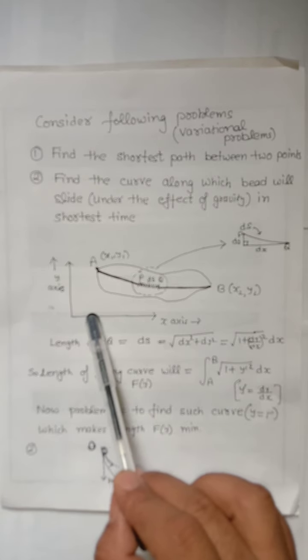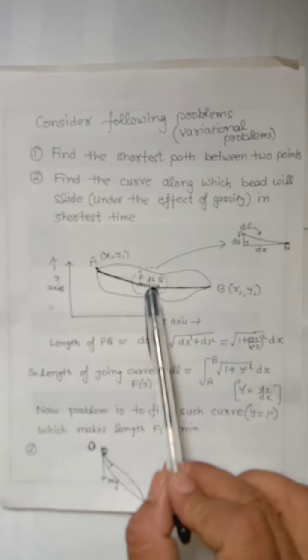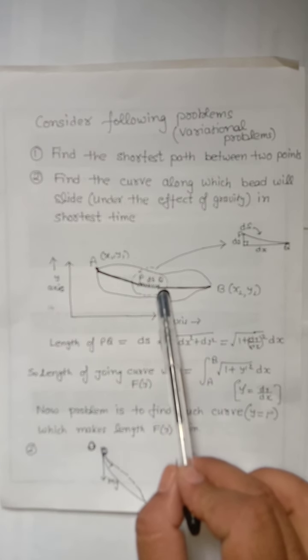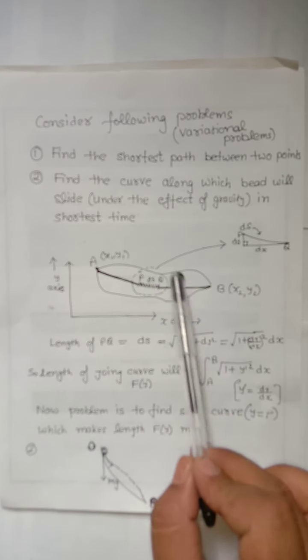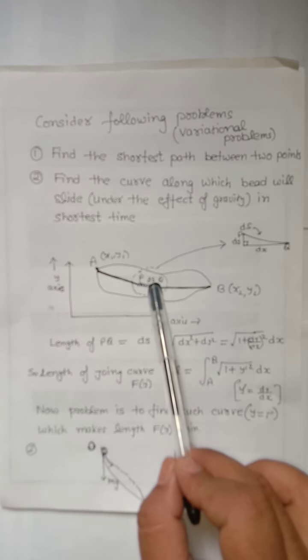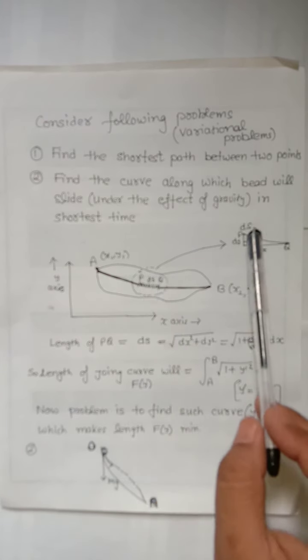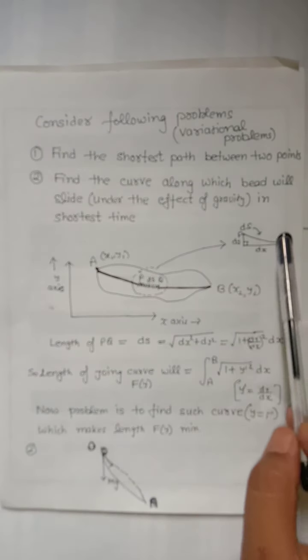I have considered the x-axis and y-axis. Consider a small element of curve y, PQ, having length ds. I have made a magnified view here.